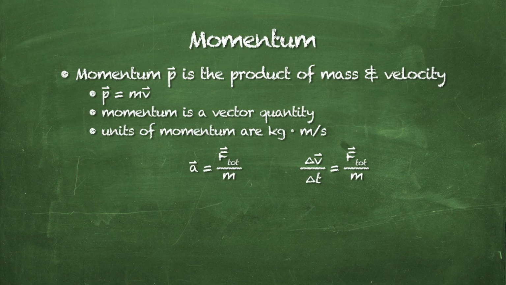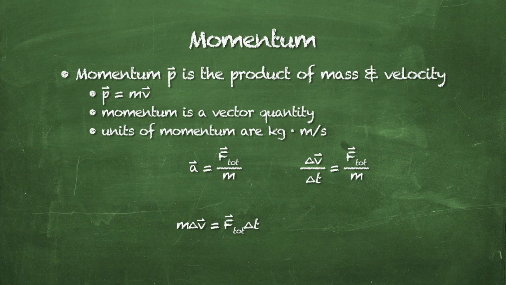Change in velocity vector over change in time is equal to the total force vector divided by mass. I will multiply both sides by mass, and also multiply both sides by change in time to get a new equation. Mass times change in velocity is equal to total force vector times change in time.